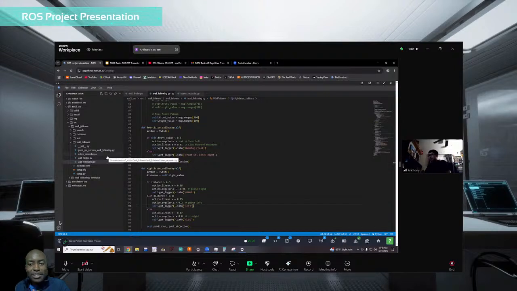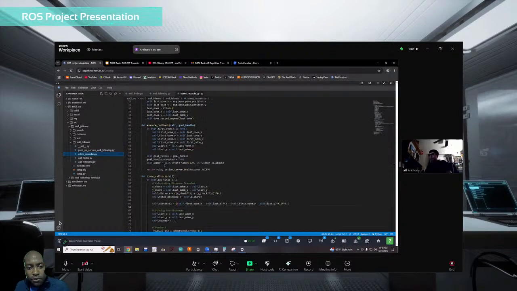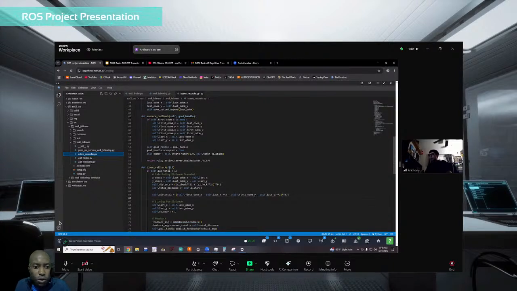That's why I was saying I want you to explain to me what is happening in your action server. Because the action server is the one that's supposed to take all the responsibility of the control logic of following the wall, constantly checking how far the next wall is, how far I am from the closest wall on the right.